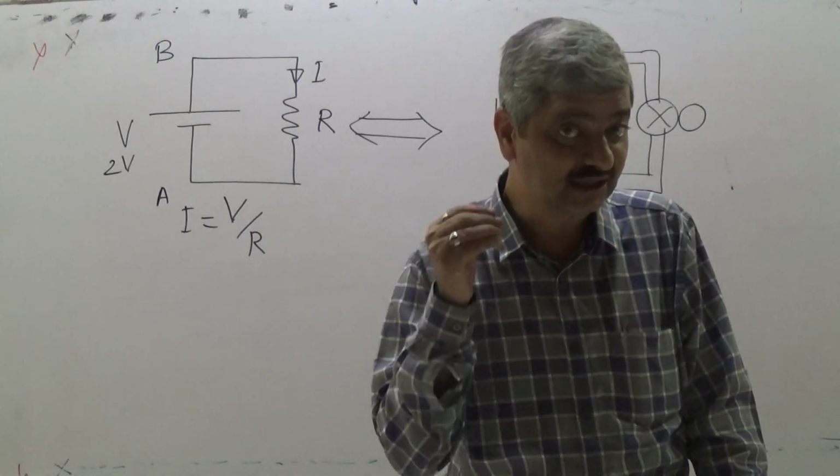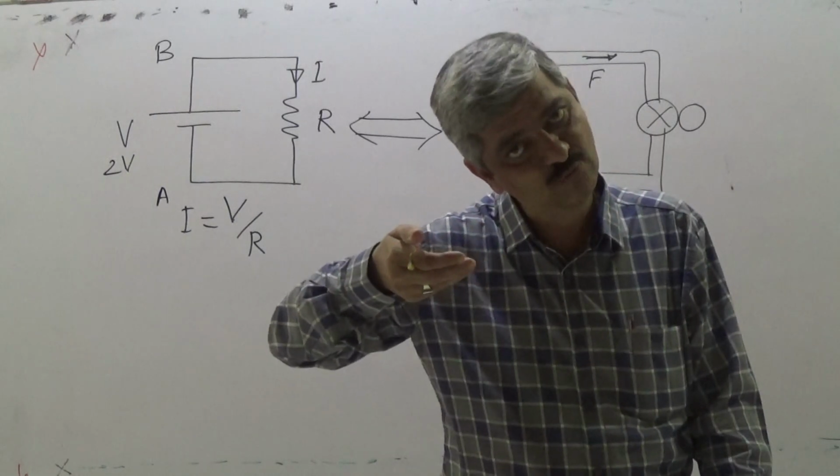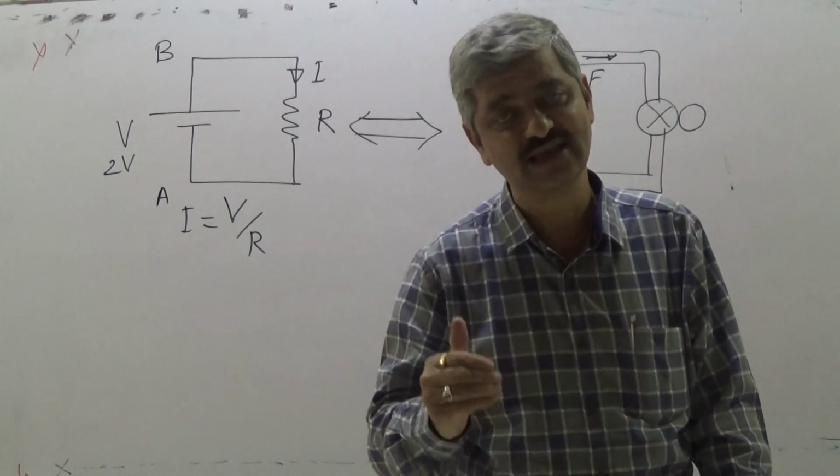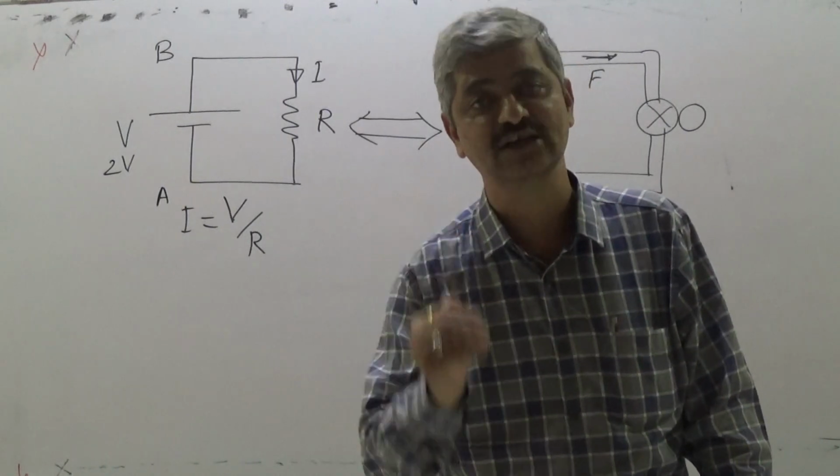A voltage source keeps the voltage of one point always at a fixed elevated value relative to the other point.